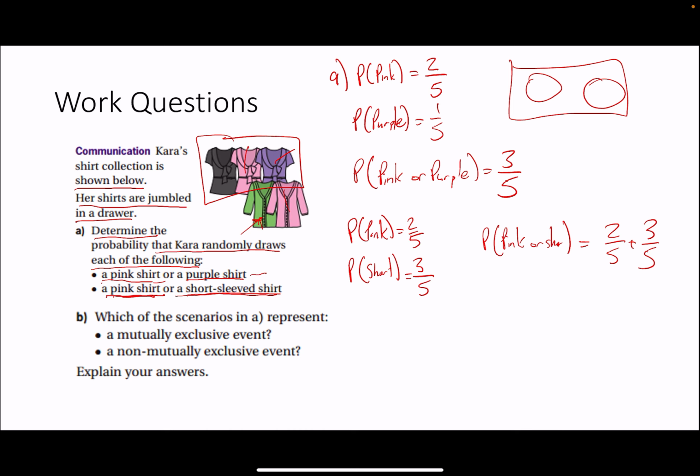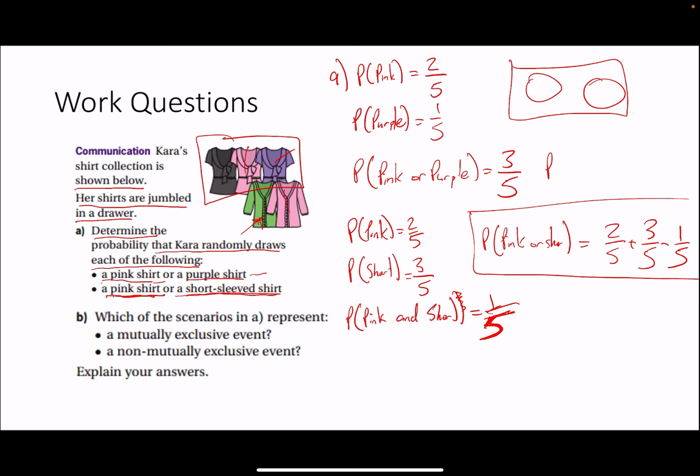So what do we have to do? We have to subtract the probability that it's pink and short. Oh, pink and short is 1 out of 5. The probability I pick a pink short sleeve shirt is 1 out of 5. So we have to subtract 1 out of 5 over here, right?